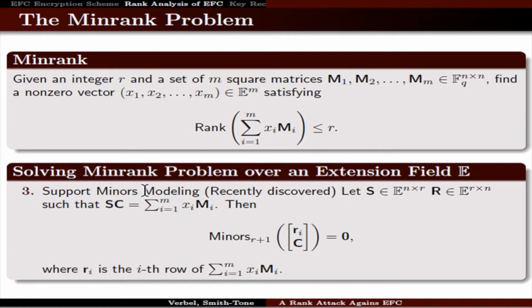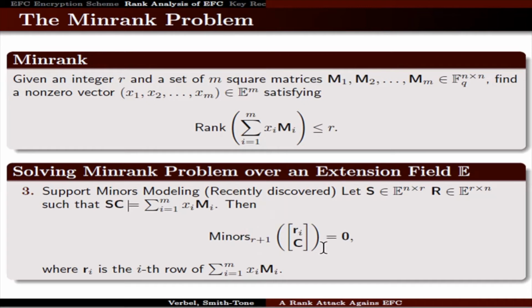And finally, there's a new method called support minors modeling, and it says the following. Since this matrix has rank r, you can decompose this matrix as the multiplication of two others, a matrix S of size n times r, and a matrix C of size r times n.